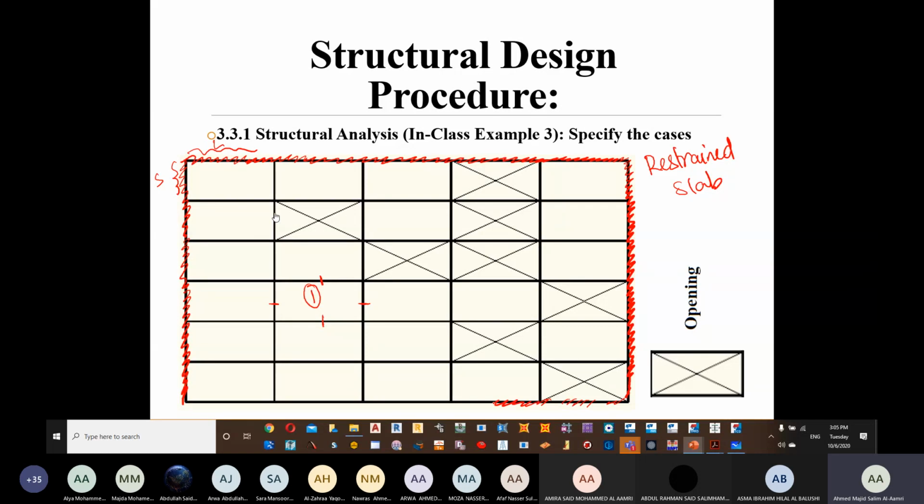This is not representing fixed. This is representing that this is the end. There is no slab. Are we okay?